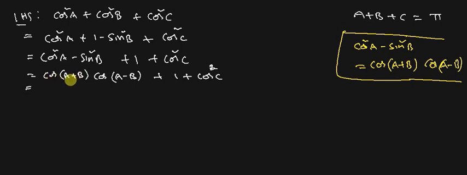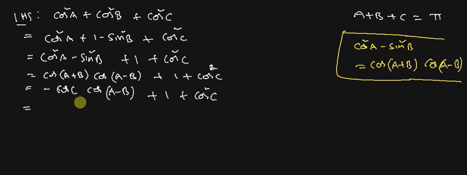We already did this in our earlier problems. The result is minus cos C, since A plus B is pi minus C. So minus cos C into cos of A minus B plus 1 plus cos square C.